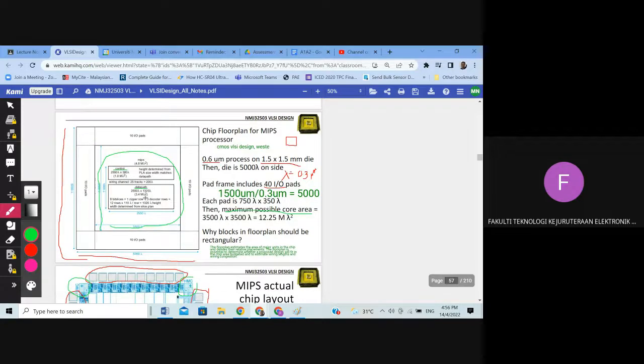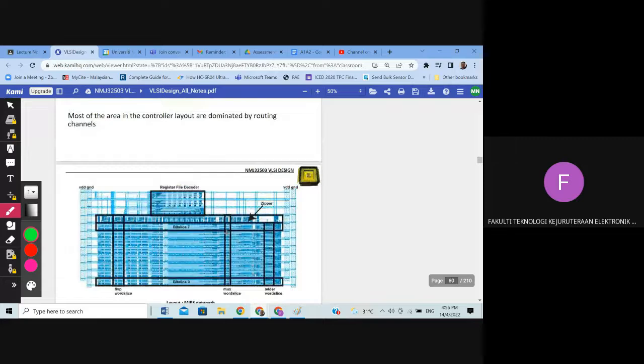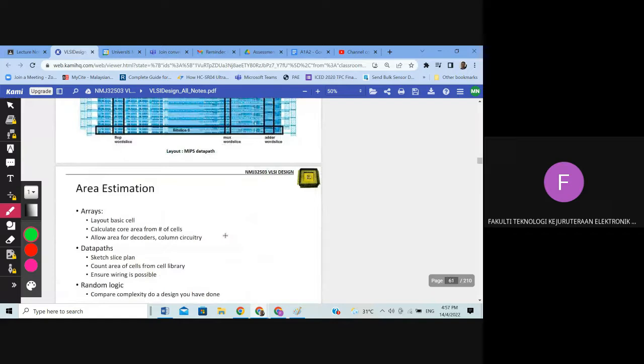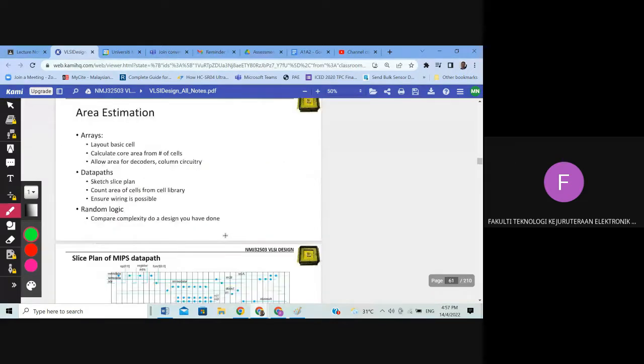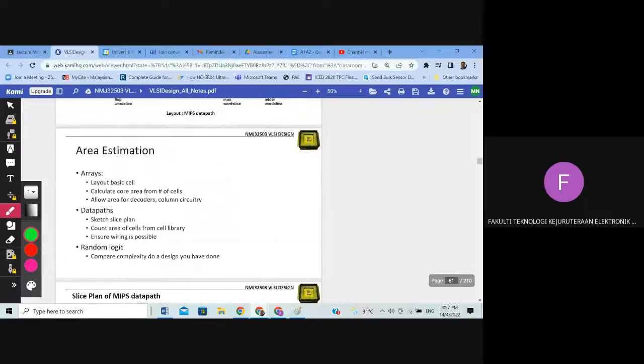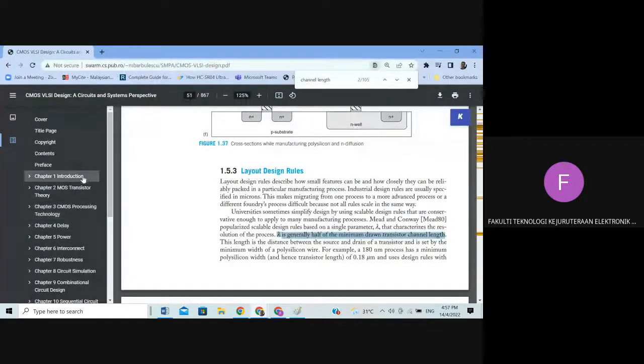For details of this you may refer to the textbook first, and then we shall continue tomorrow. Tomorrow at 9 o'clock we continue a bit before we start discussion on our lab. You can read the textbook, the page on floor planning just now.